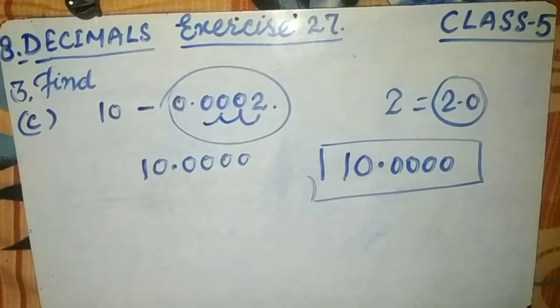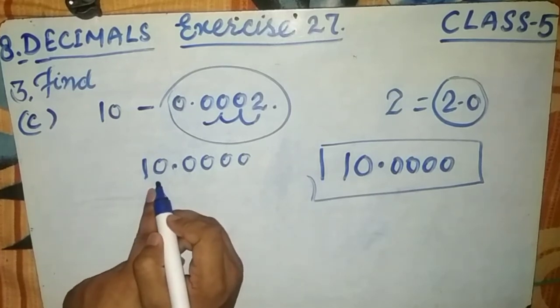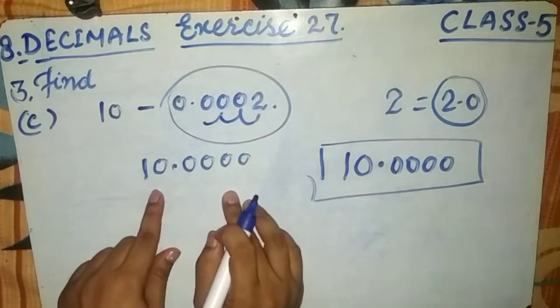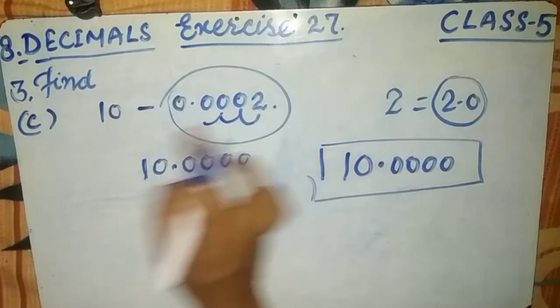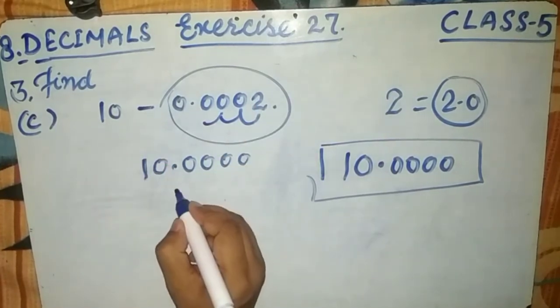There is no effect on the value of 10; it is as it is, 10. Because we are going to subtract this number from 10, we have to arrange it this way.